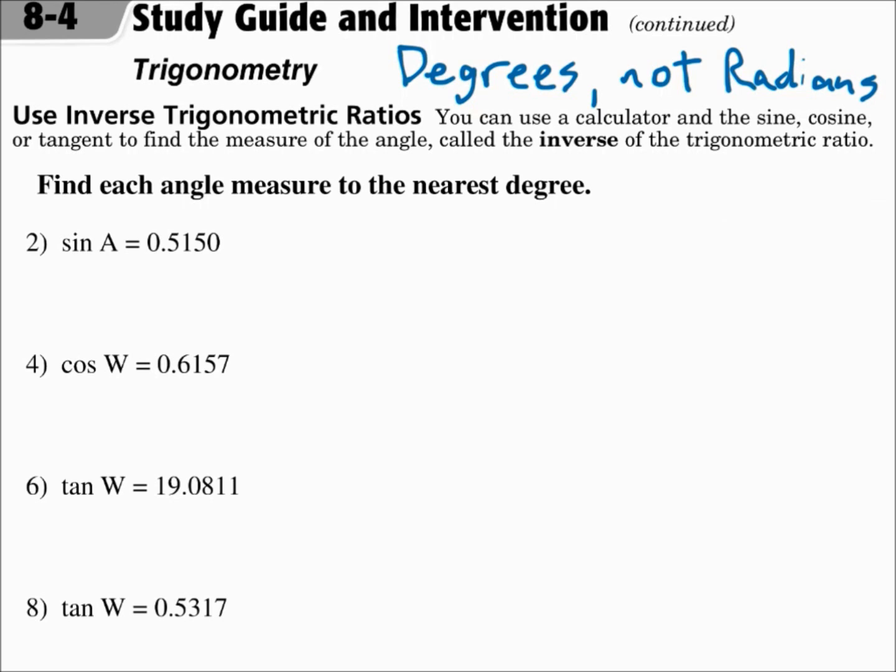On a TI-83 calculator, push the mode button and make sure that degrees is highlighted instead of radians. If radians is highlighted, then go down and make sure that you switch to degrees. Otherwise, your answers won't be right. Find each angle measured to the nearest degree.